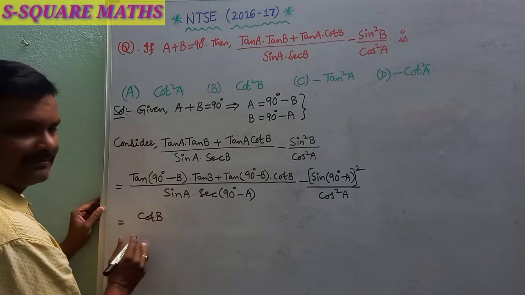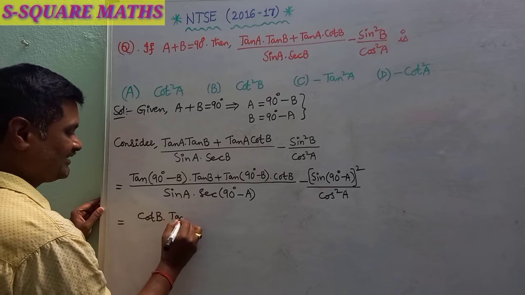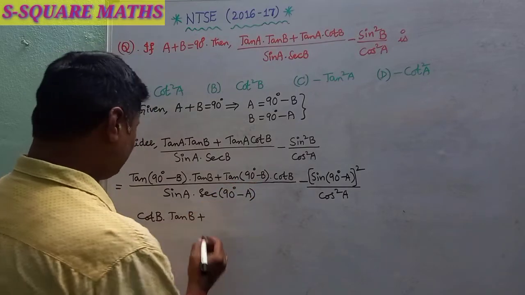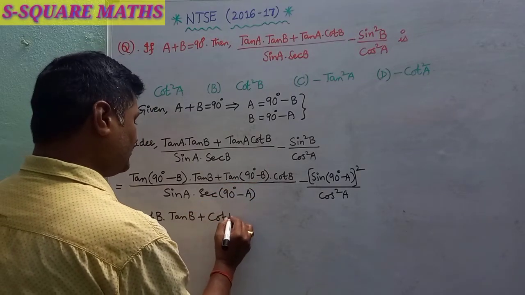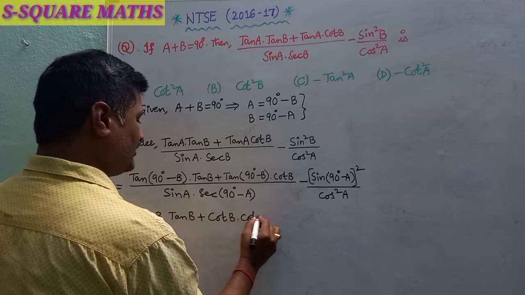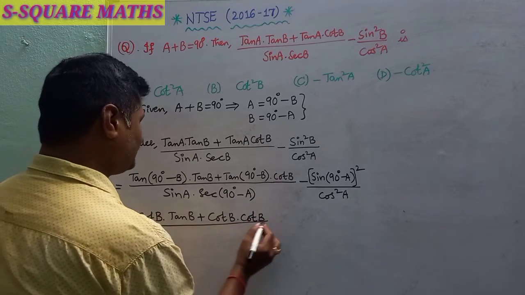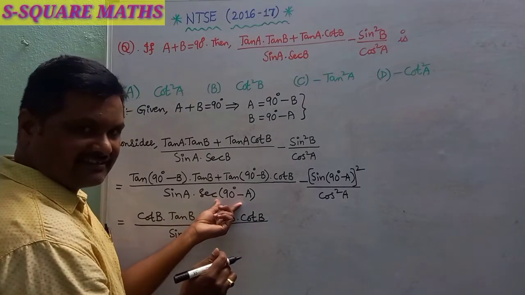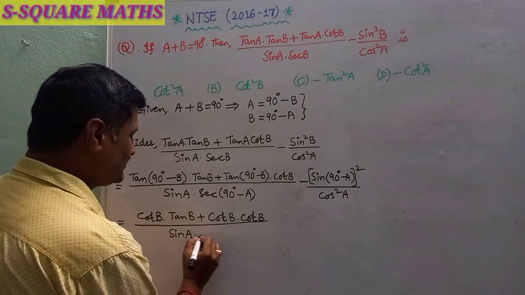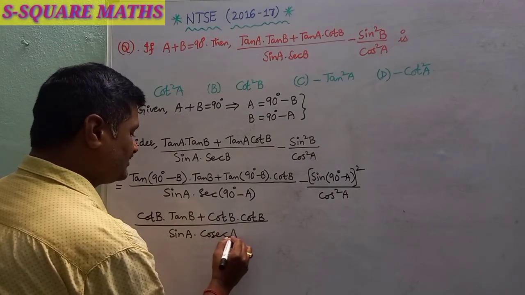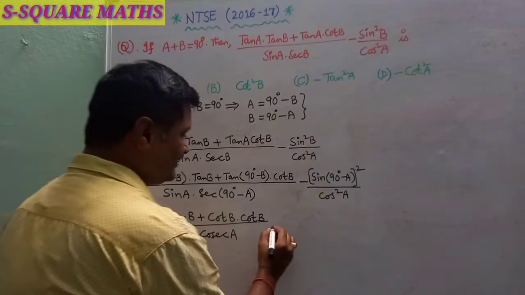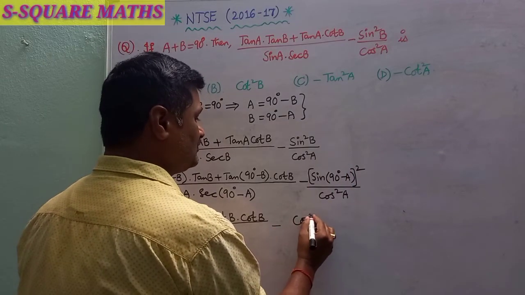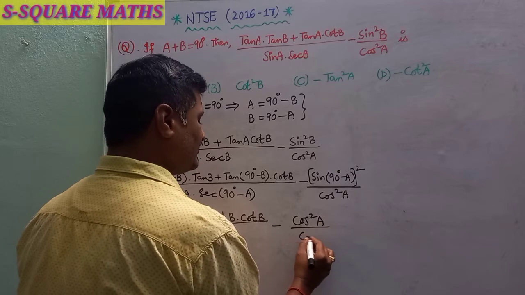Here our theta is nothing but B, into, again this is our tan B. The same again, tan of 90 minus B is nothing but cot B, and this is our same cot B, by sin A, and this is nothing but sec of 90 minus A, which is cosec A. So cosec theta is nothing but cosec A, minus, we know that sin of 90 minus theta is cos theta, since we have a square, cos square A by cos square A.